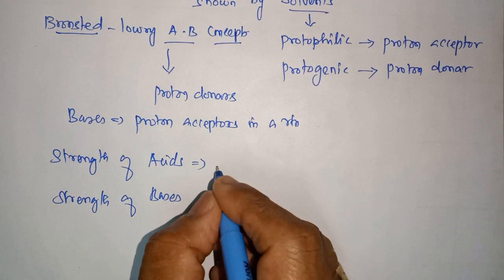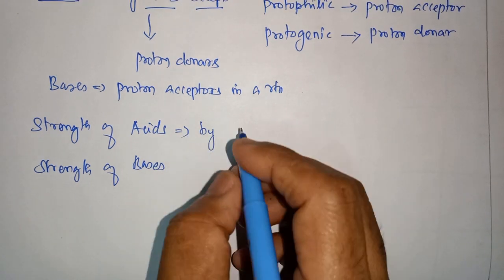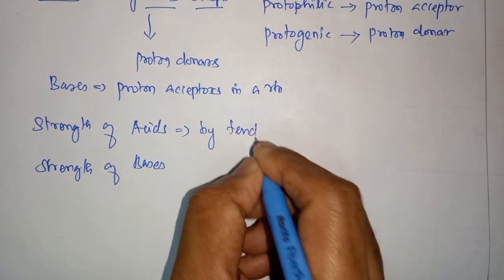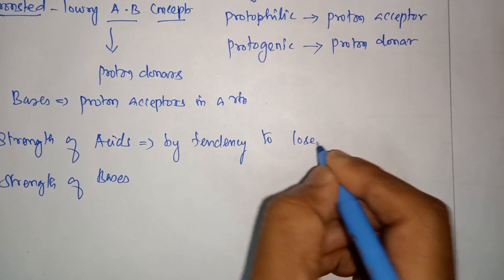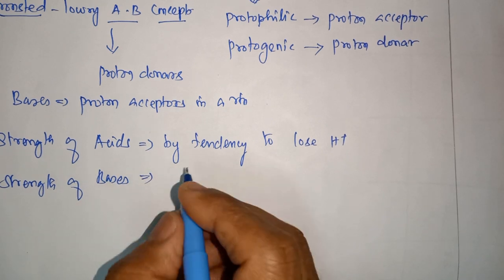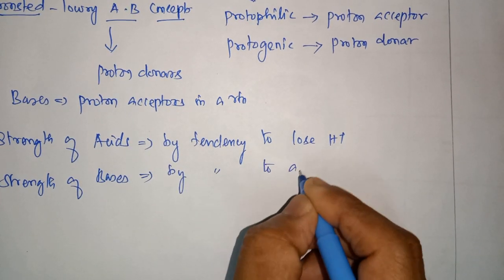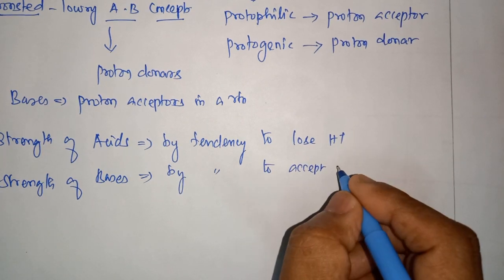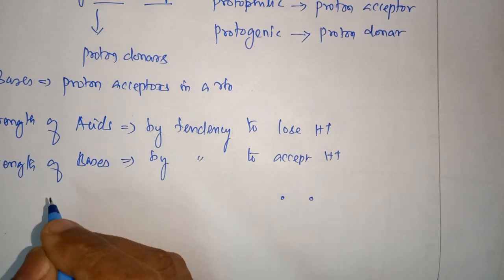Strength of acids is determined by the tendency to lose protons. Strength of bases is determined by the tendency to accept protons.